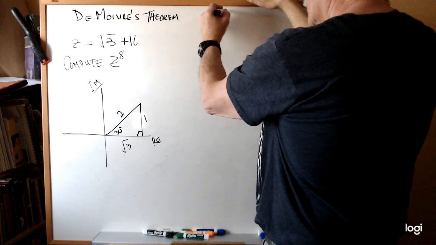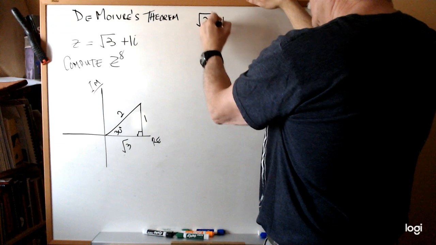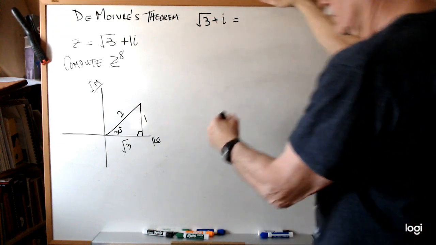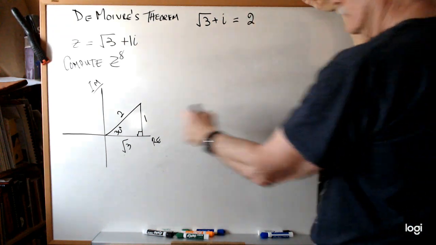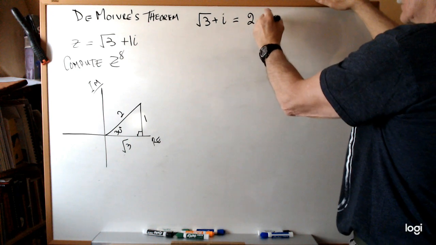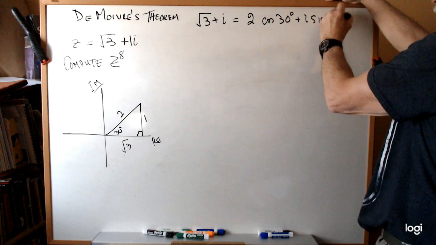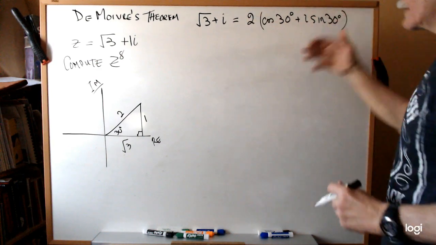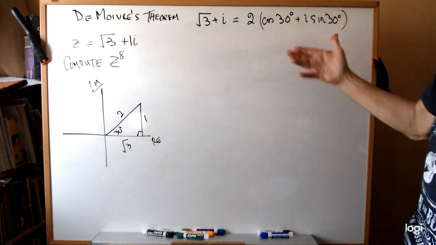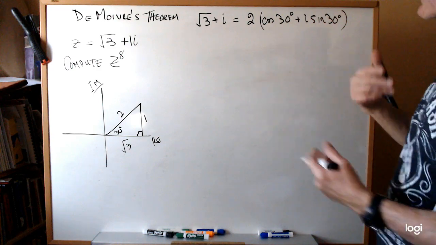So radical 3 plus i is 2 cis 30. Now I could have written cis 30, but I've got a little more room, so I'm going to write it out.